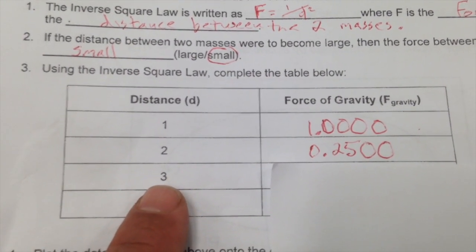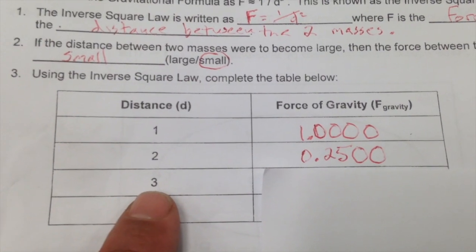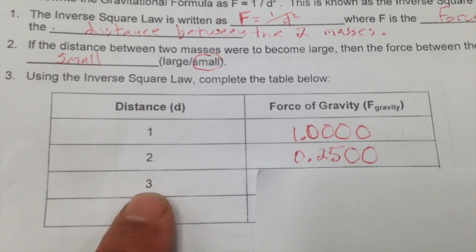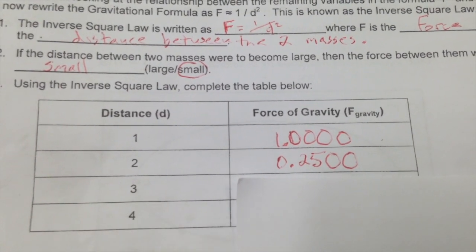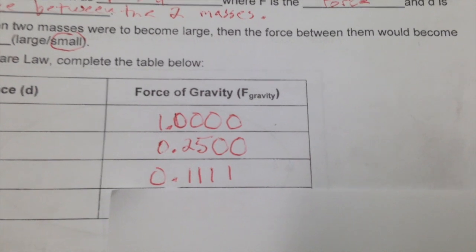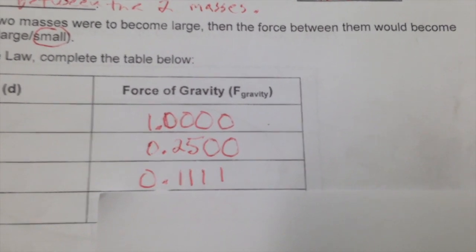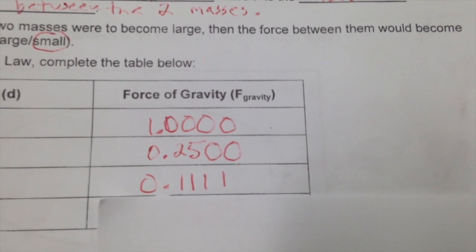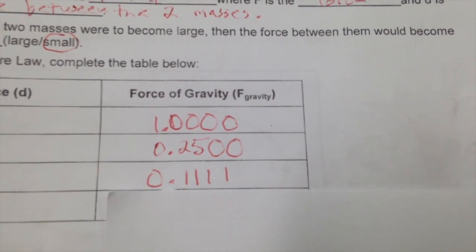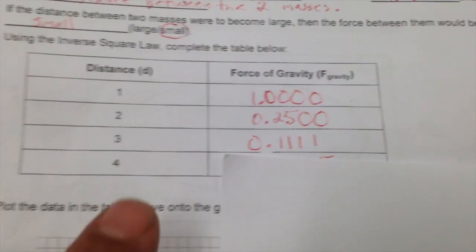Let's use 3 for d. 1 divided by 3 squared is the same thing as 1 divided by 3 times 3, which is 9. 1 divided by 9 is 1/9. And if you do that on the calculator, it turns into 0.11111111 forever, which I will abbreviate or round to 0.1111.